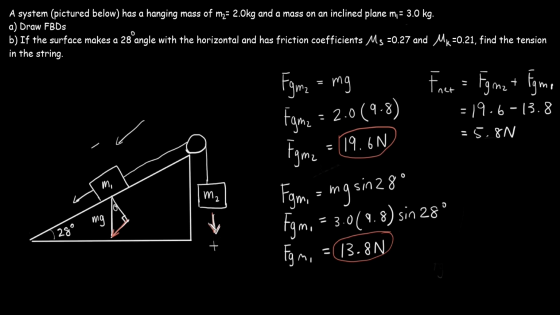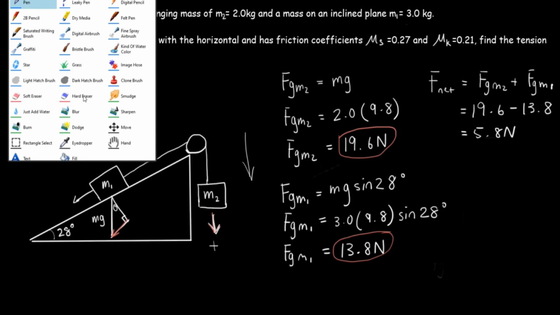So that means that if there's no friction, then the whole thing would just be moving in this direction with a force of 5.8 newtons.